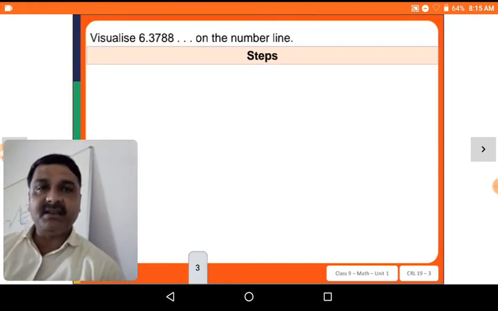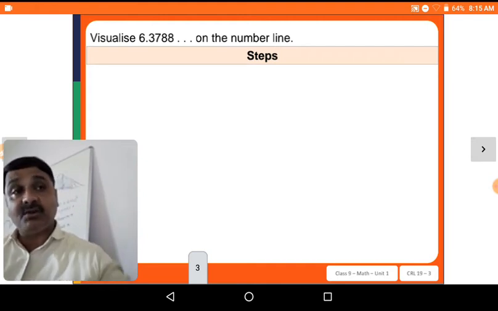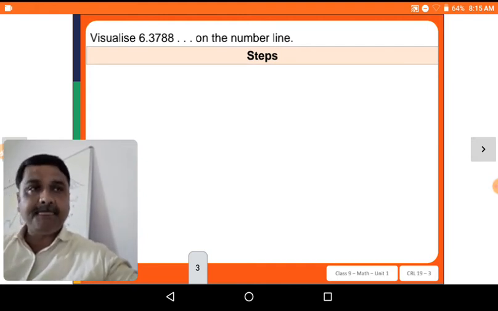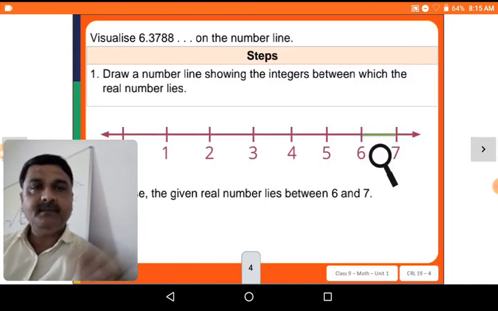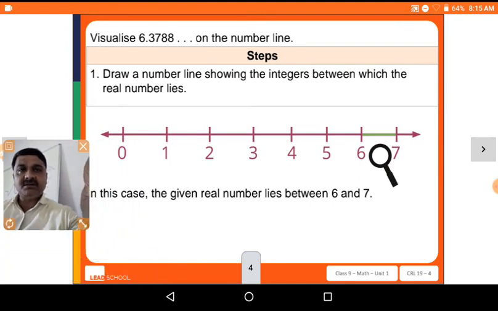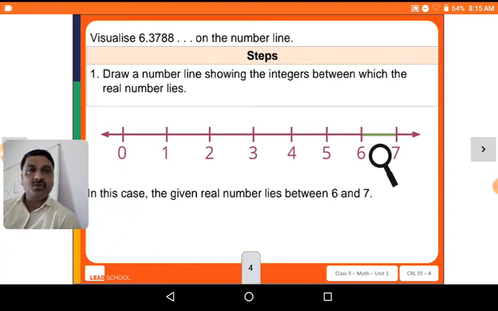First, we are given: visualize 6.3788 on the number line. Which steps are we using over here? First, draw a number line showing the integers between which the real number lies. 6.3788, remember this number, we have to visualize it. Questions of this type are available in your NCERT book and also in your supplementary book.